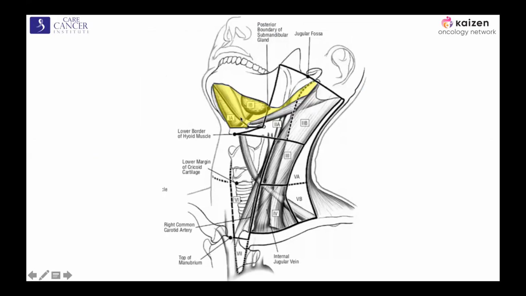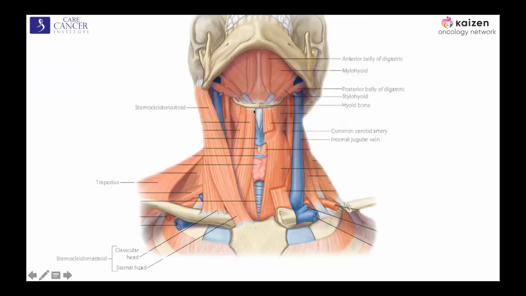So here, medial to the anterior belly of the digastric is your 1A, and between the anterior and the posterior belly of the digastric is 1B. So this diagram will make it much more clear. This fan-shaped muscle that you can see is the mylohyoid. It forms the floor of the mouth. So below this muscle, or superficial to this muscle, is your submental and your submandibular group of lymph nodes.